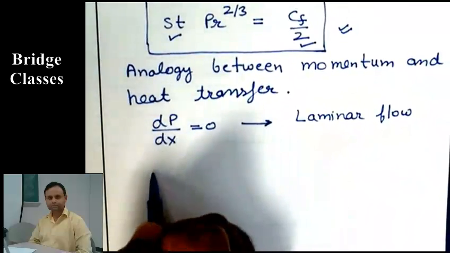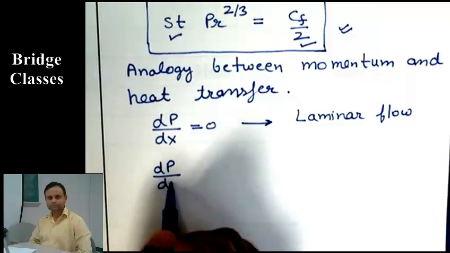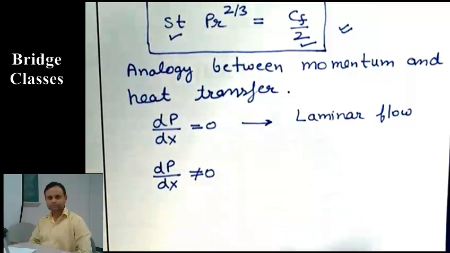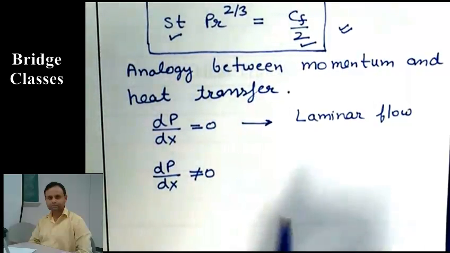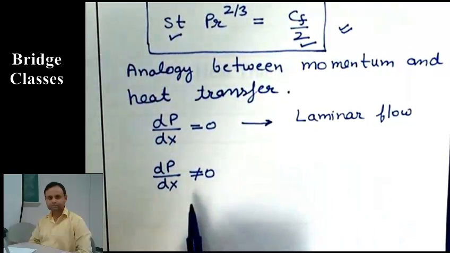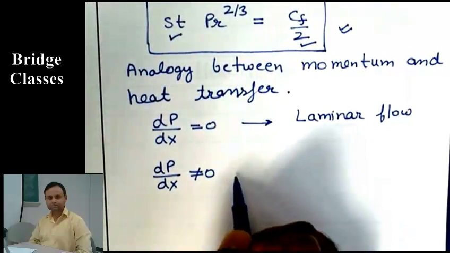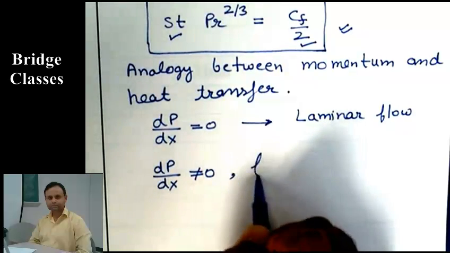If dP dx is not 0, that will be if it is not a flat plate, say it's a cylinder or an aerofoil, then dP dx will not be 0, because dP dx depends on the shape of the object. But let us say the flow is turbulent.